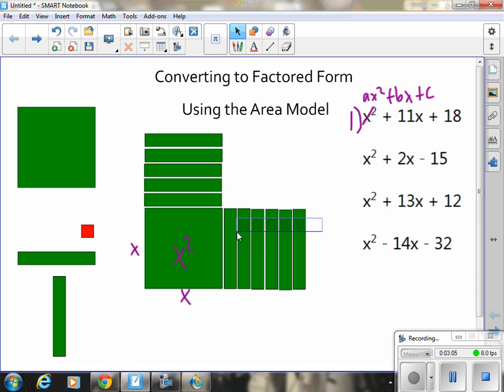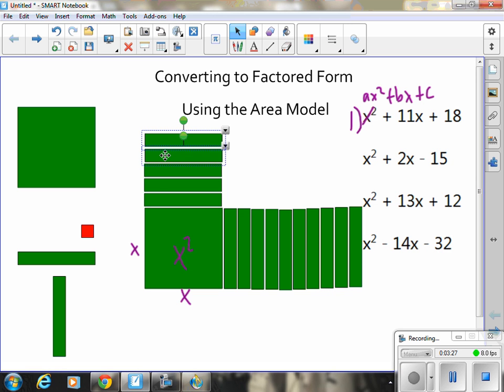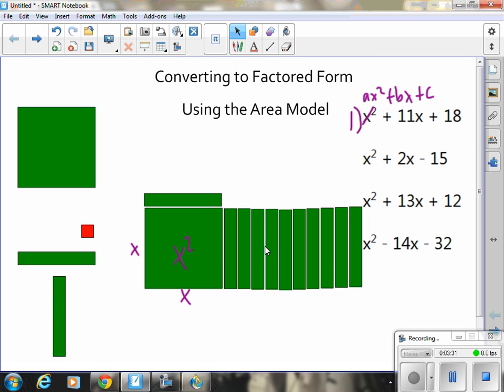I could arrange 11 by having, let's say, I extended this one a little bit more than 6. Maybe I extended by 10, which means I'd only need to extend that side by 1, and then I've got 11 x rectangles.